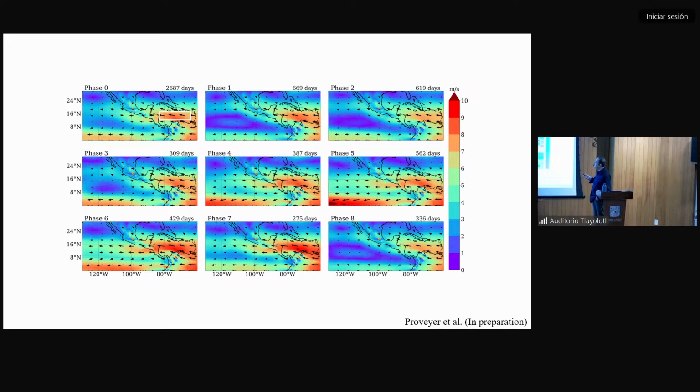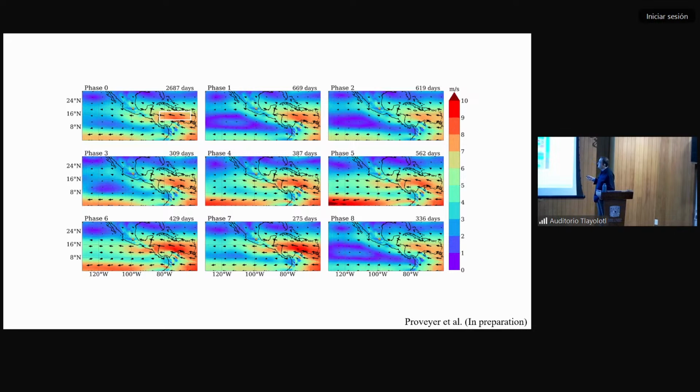During phases 1 and 2, there is a slight change in this flux that allows the moisture to enter directly into central Mexico and into Mexico City.